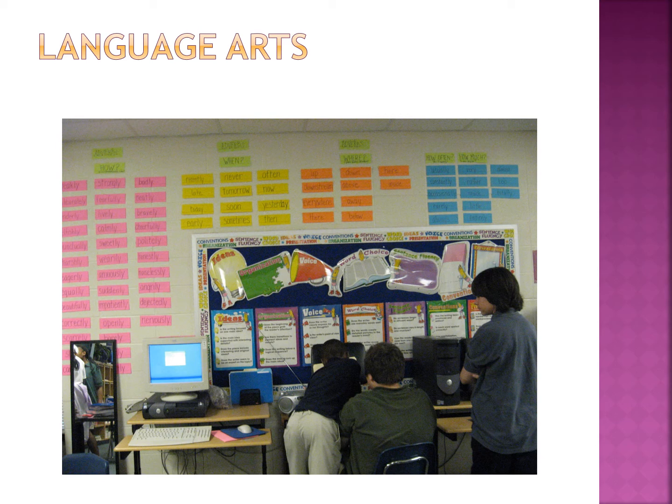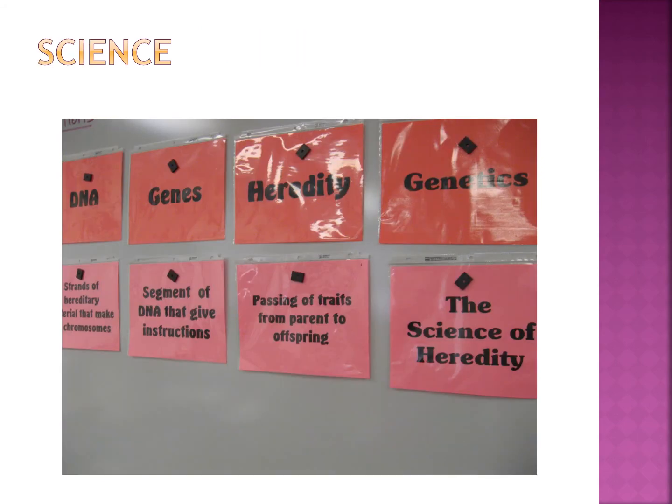So as they're looking at vocabulary words, they're sorting them according to parts of speech, and even within the parts of speech into specific ways that those adverbs can be used. This is really good to help kids that struggle with language with their writing, because when they're lost for a word to use, they've got that word wall to refer back to, and it can be very beneficial.